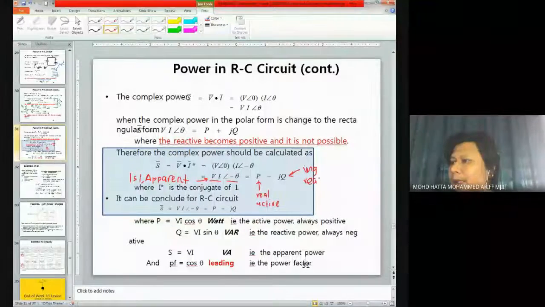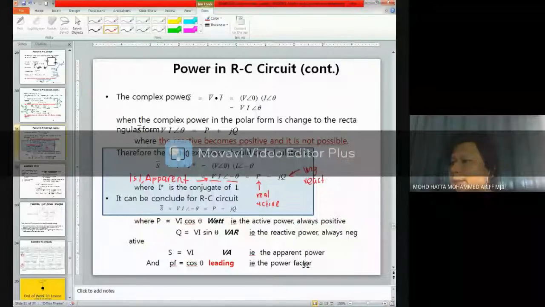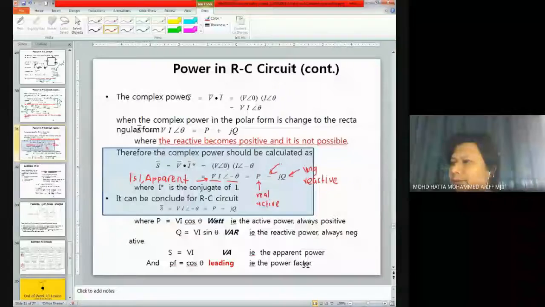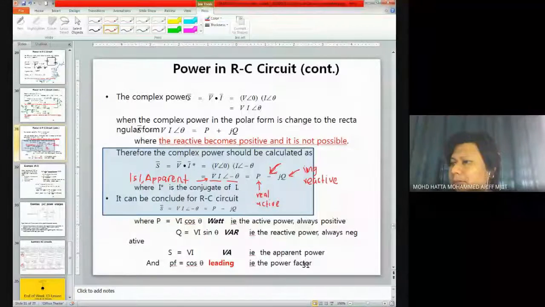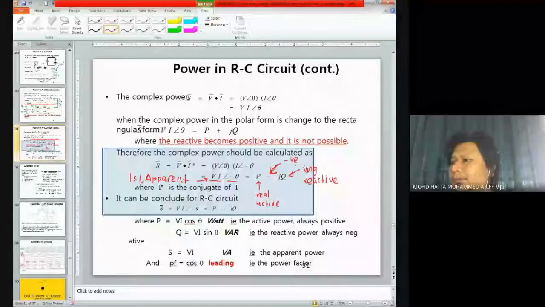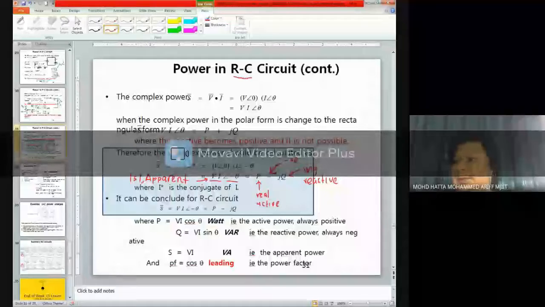And please note that for RC circuit, we will have a negative value of reactive power. Negative. Okay, this is for RC circuit.